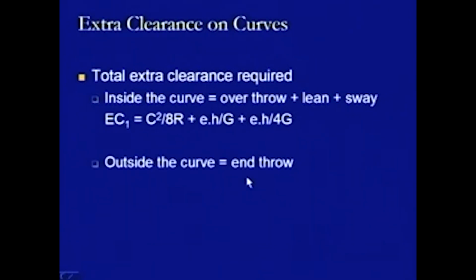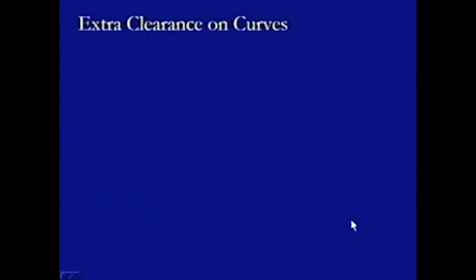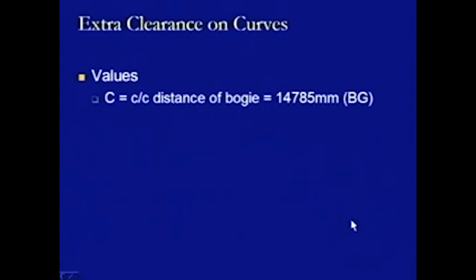Whereas, in the case of the outside of the curve, only one factor is there, that is end throw, and this is computed as L square minus C square divided by 8R. Now, some of the values being used are standard values. The center to center distance of bogies in the case of broad gauge is 14785 mm, and in the case of meter gauge it is 13715 mm.